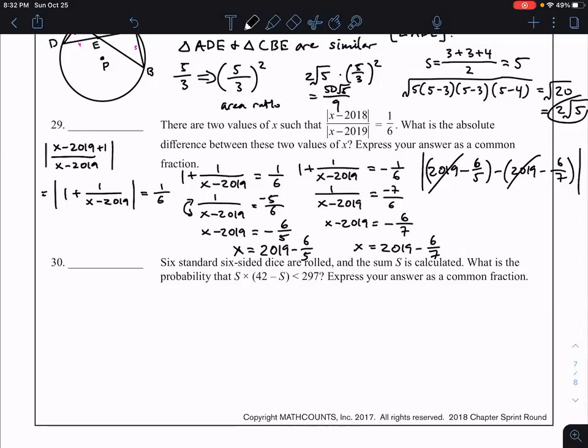So you're left with the absolute value of 6 over 5 minus 6 sevenths. And you can solve for that to get 12 over 35, which is your answer.